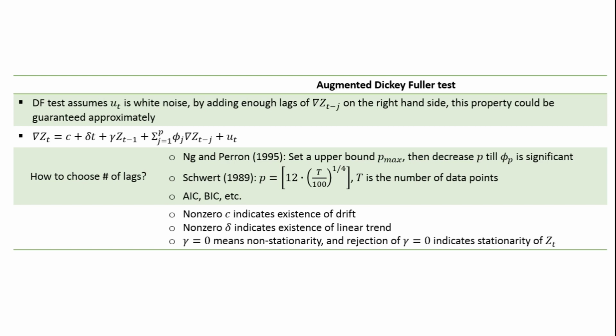We have to choose the number of lags by using criteria like the Akaike information criterion or other criteria in order to help us take a decision about our test.